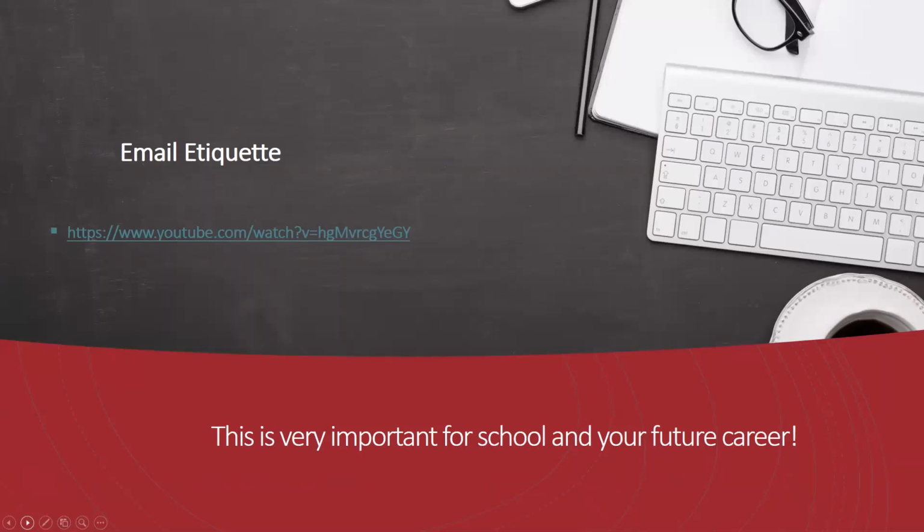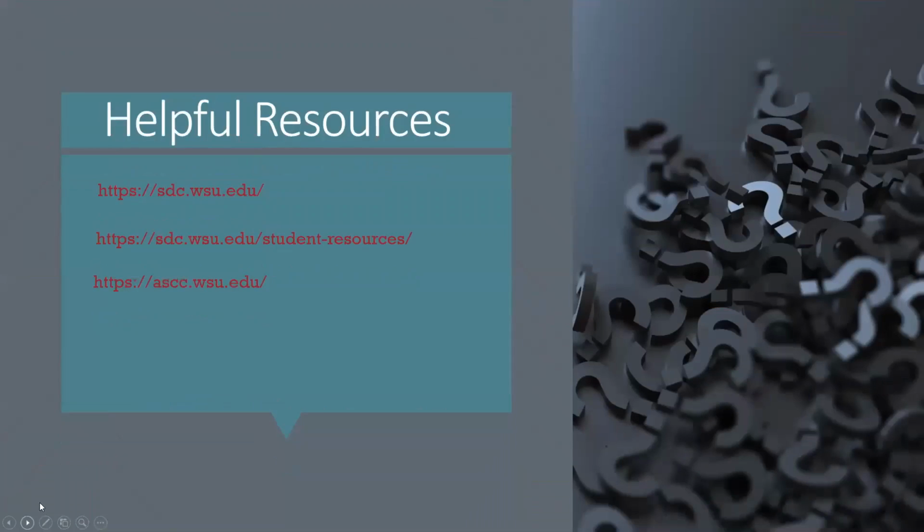You're going to be writing letters for internships, for jobs, contacting professors, and asking them for references. You'll also be emailing Julie or me. It's pretty important that you know your email etiquette and make sure that you're writing professionally when you're sending emails.